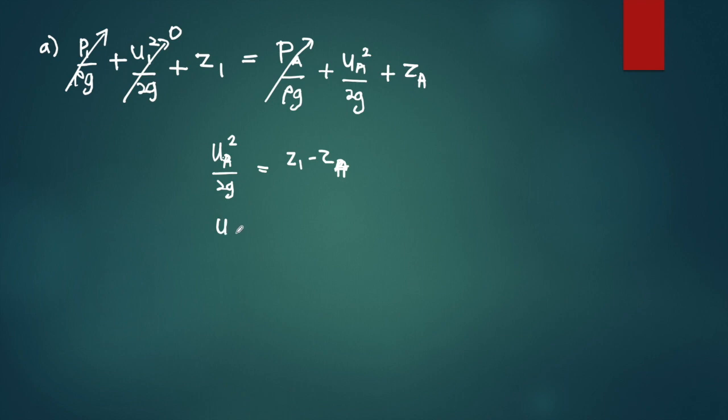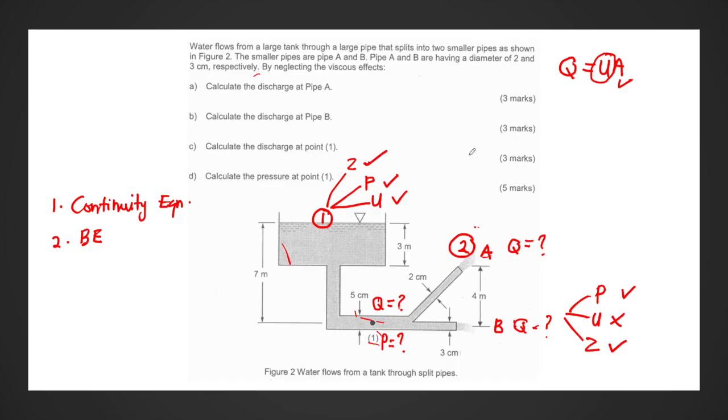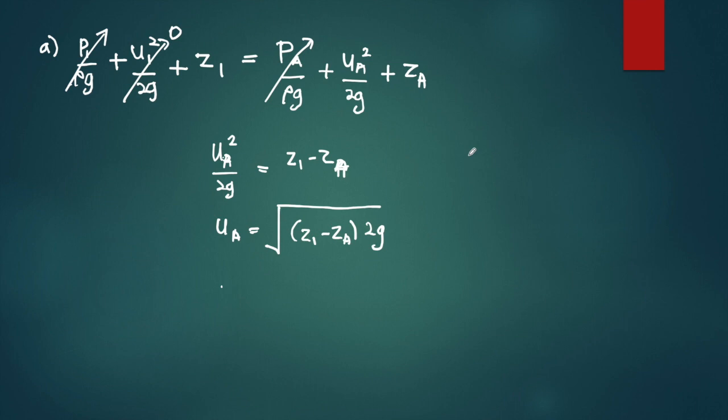So your UA is equal to the square root of Z1 minus ZA times 2g, because we want to find the velocity at A in order to find the discharge at point A. So now I will select Z1 as my datum. So Z1 is my datum, then 0 meter.